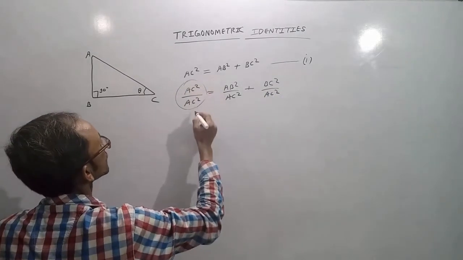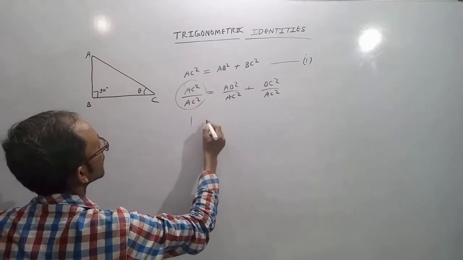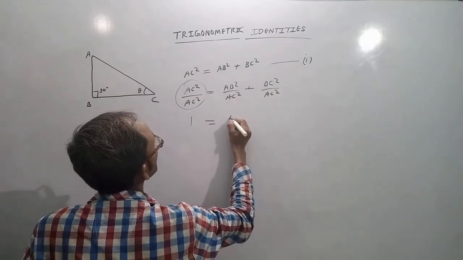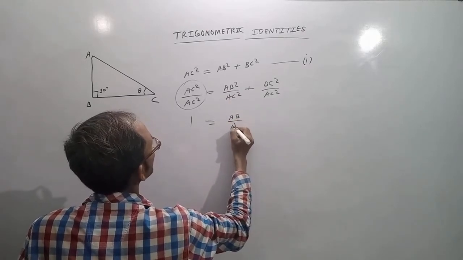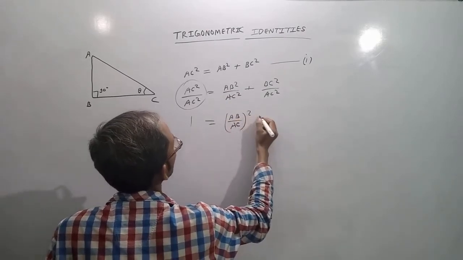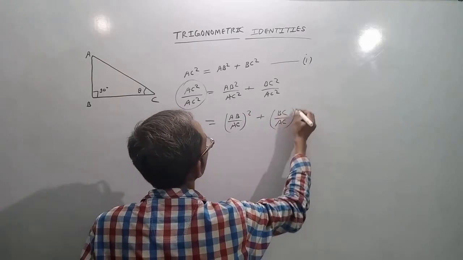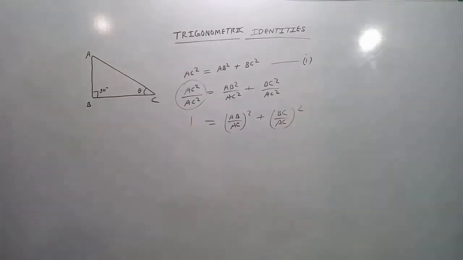And you can see this is nothing but 1. This can be written as AB upon AC whole square plus BC upon AC whole square, right?